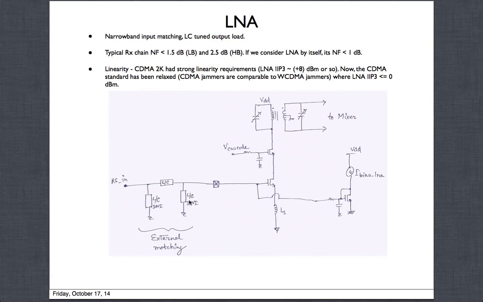There are different kinds of topologies. So we just give the option off chip on the PCB board to be able to put different kinds of matching elements, different configurations and topologies, or just leave them empty, which is called do not instantiate. Okay, so that is the external matching.